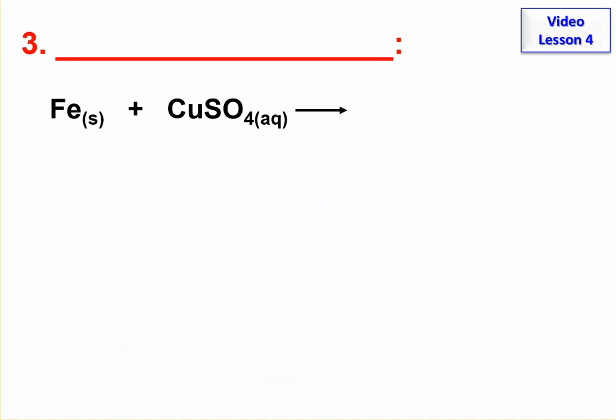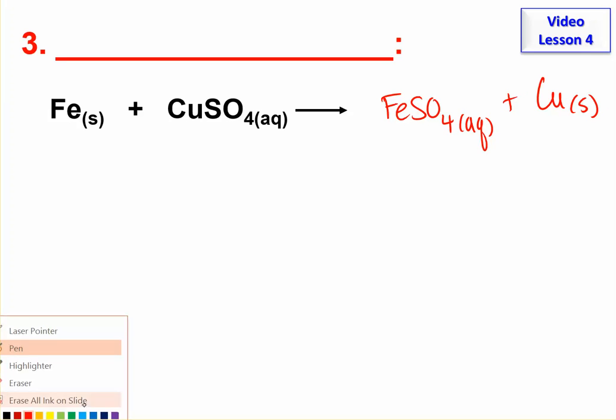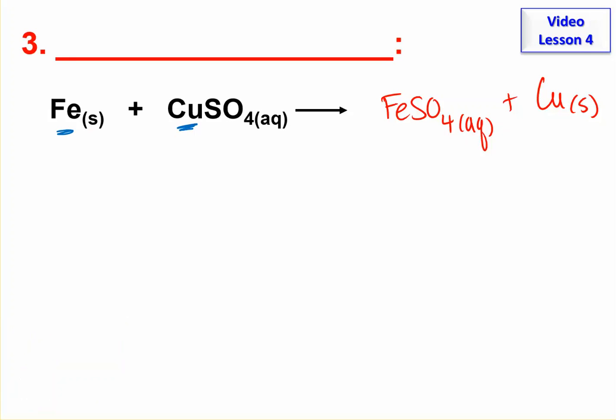Okay. This next one involves something replacing something. So let's look at the products. Can you tell what is replacing what? The iron is replacing the copper in the compound.